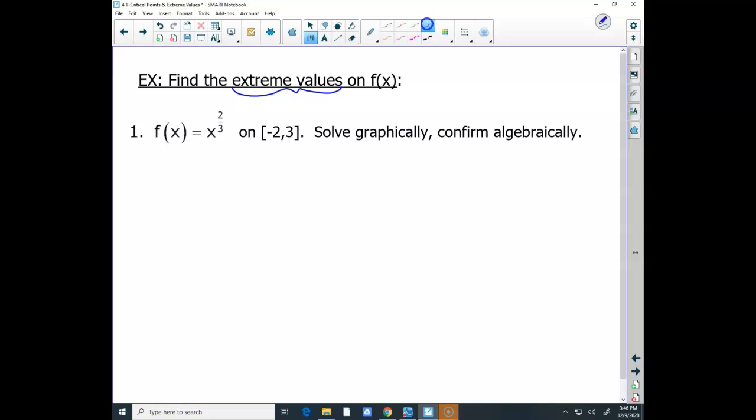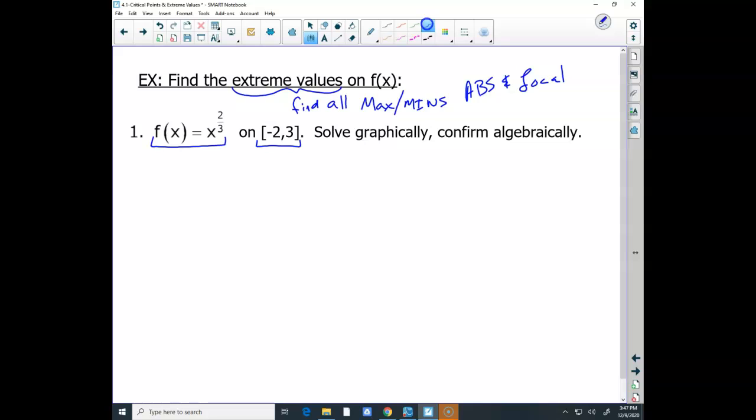That means find all max and mins, meaning both absolute and local. All of them. Okay? And we're going to be looking at f of x equals x to the 3/2 power, and this is going to be on a closed interval from -2 to 3.